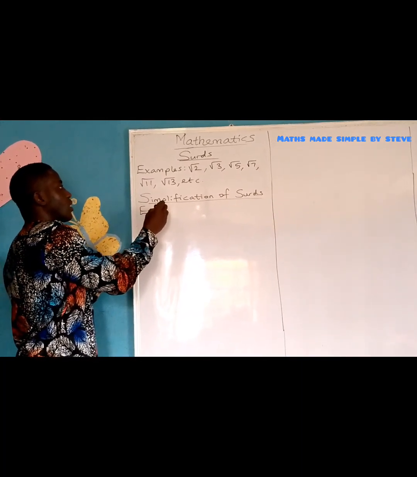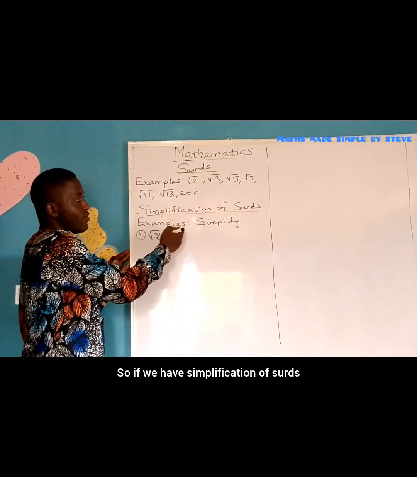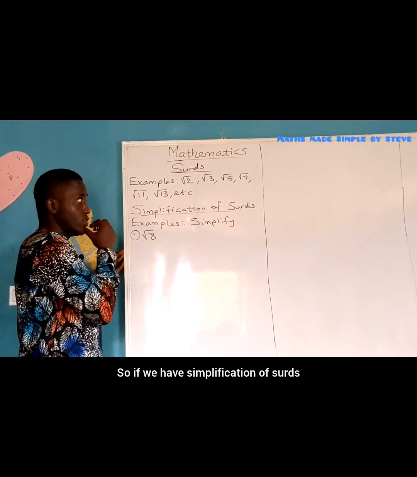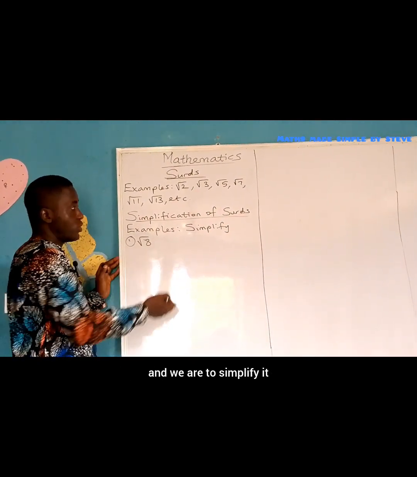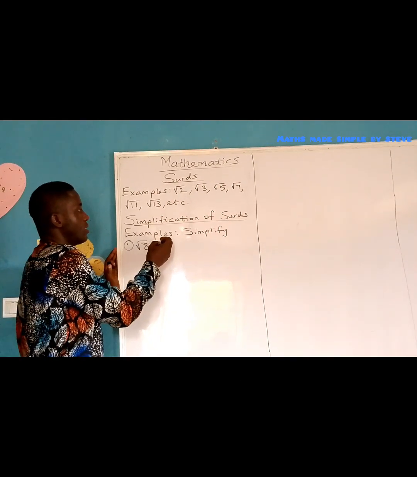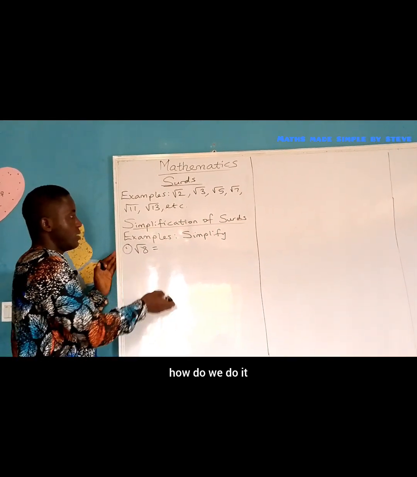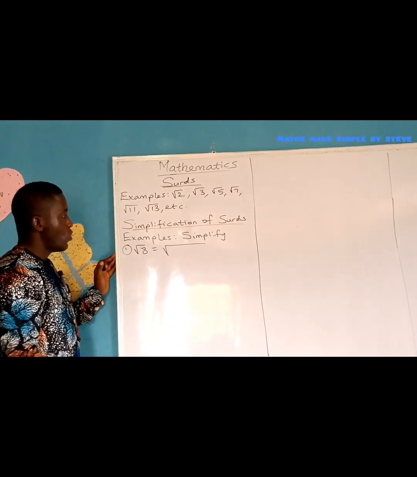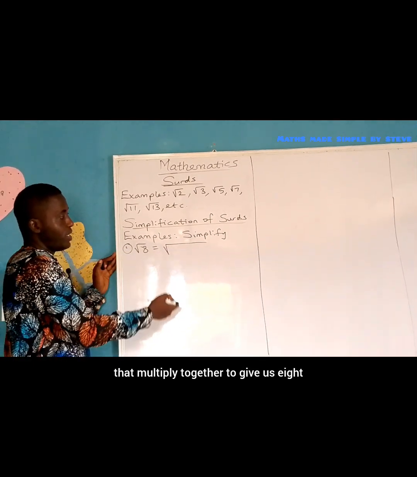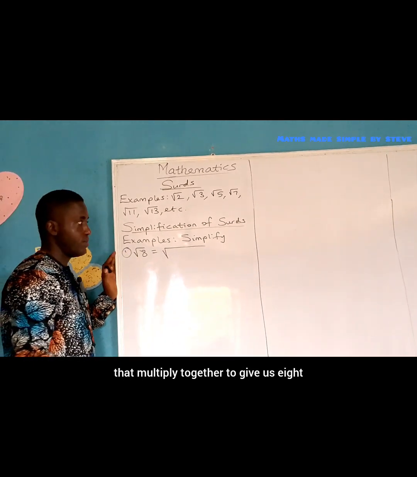Examples. If we have root 8 and we are to simplify it, how do we do it? We write the numbers that multiply together to give us 8.